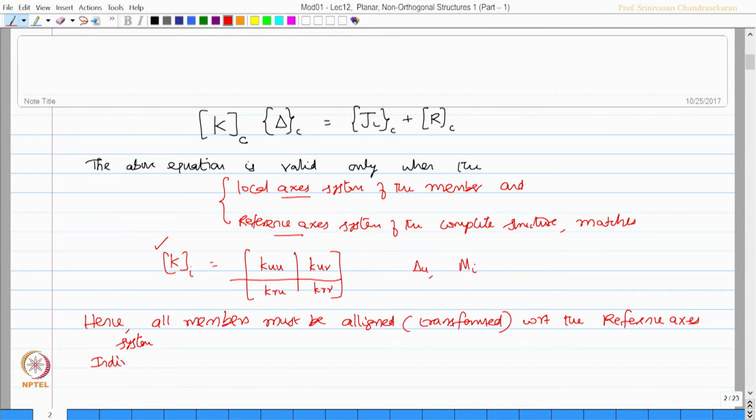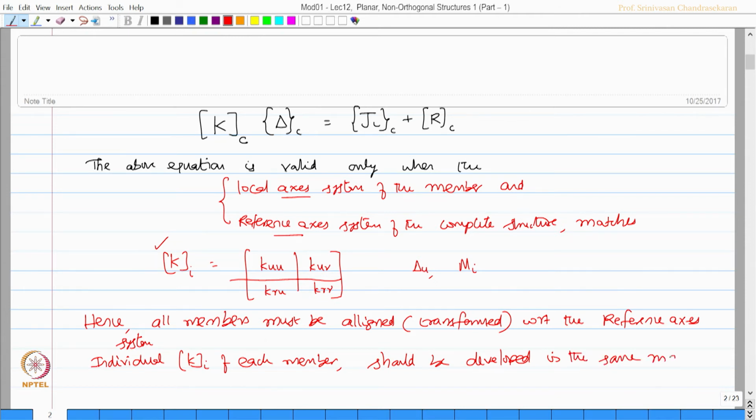Individual stiffness matrices of each member should be developed in the same manner as we discussed earlier.